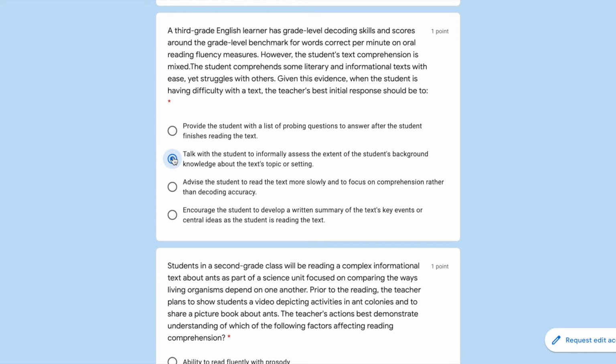English learners often experience the additional challenge of having had limited or no exposure to key vocabulary related to the topic or setting given in a certain type of text. The fact that the English learner's reading comprehension in this scenario varies from text to text suggests that what's probably happening is that the student is having difficulty because of gaps in background knowledge based on a particular set of vocabulary.